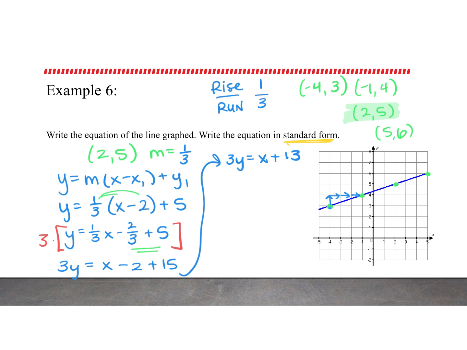I need to move my terms around, so I'm going to move my 3y to the right, and I'm also going to move my 13 to the left. And then just for my final answer, I'm going to switch the sides. x minus 3y equals negative 13.